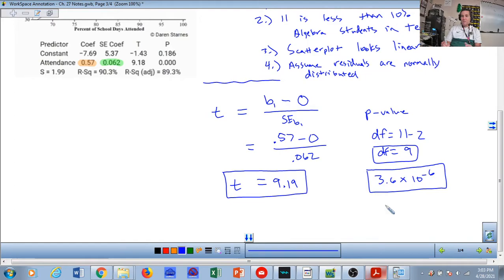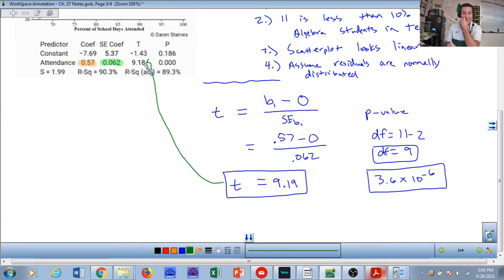Now, I want to show you where this is actually located. Check this out. Oh my gosh, I feel like it's cheating, but look. 9.18? 9.19? Rounding, that's the only issue. They obviously rounded the standard error, so this is more right.